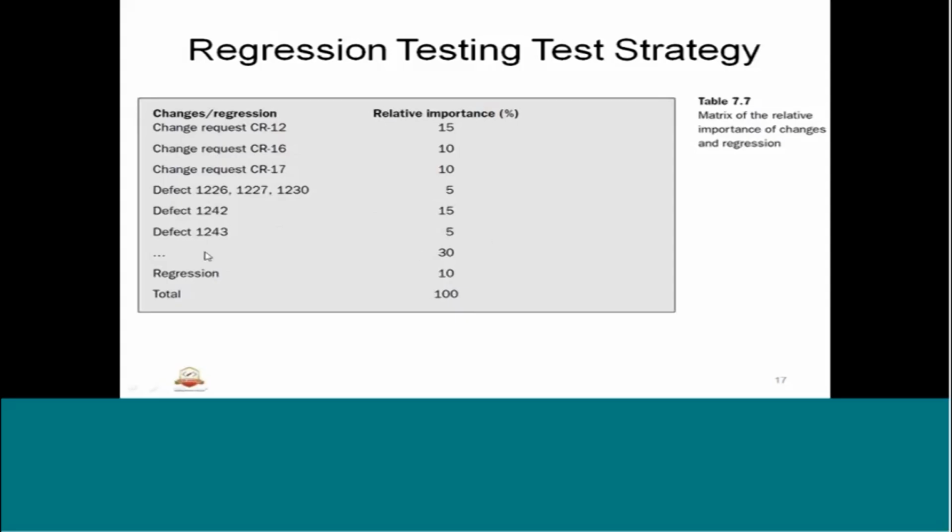These importances are subjective based on the type of defects or changes that are needed. These defects also can lead to a change request. The defects are also called problem reports. So likewise, there are different types of categories, changes, and regression aspects. The rest of them they are keeping as 40%, including the regression itself. So this is an example.